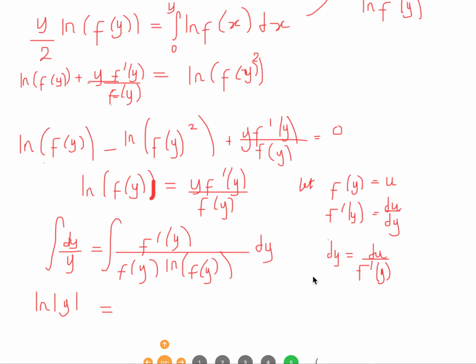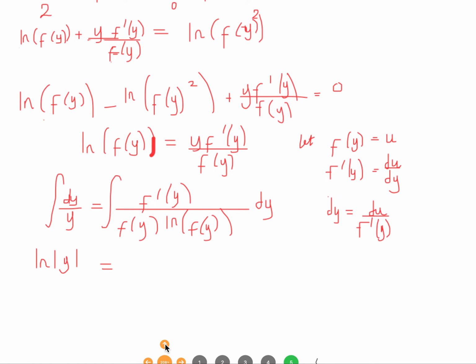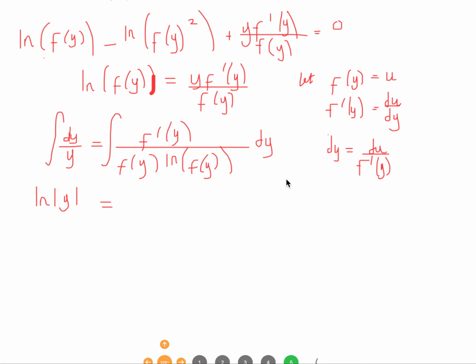Okay, so this is going to become, if we integrate this, f dash of y over f of y ln of f of y. Actually, no, we're letting f of y, sorry.